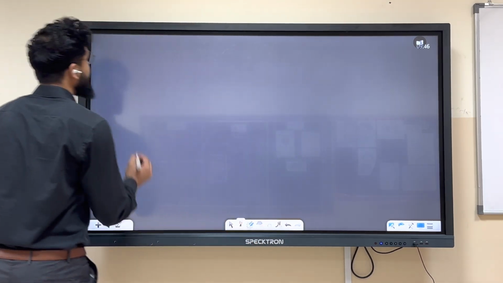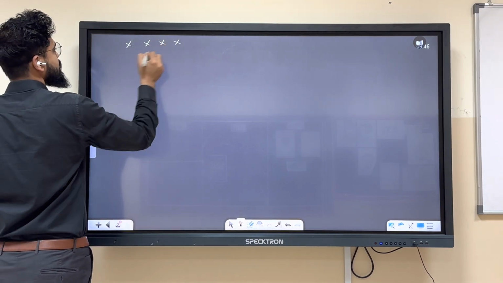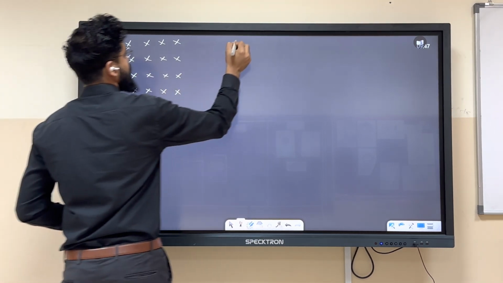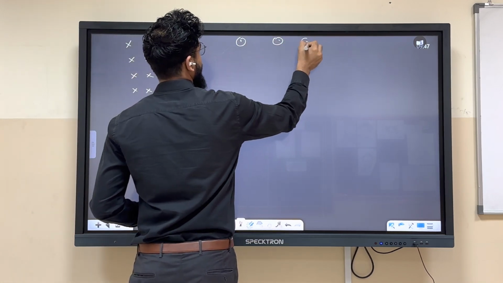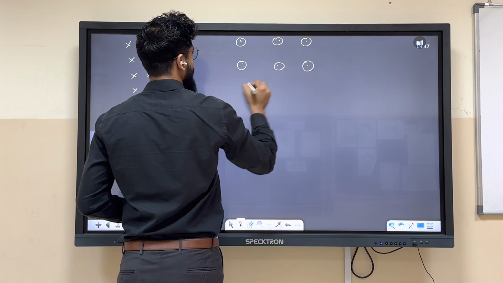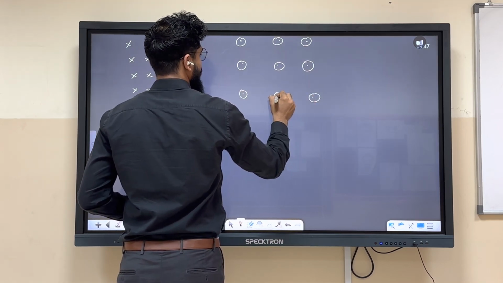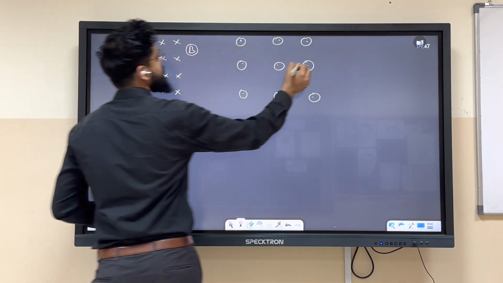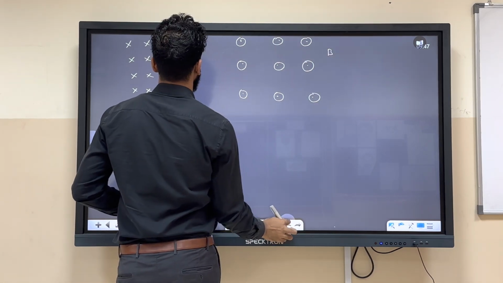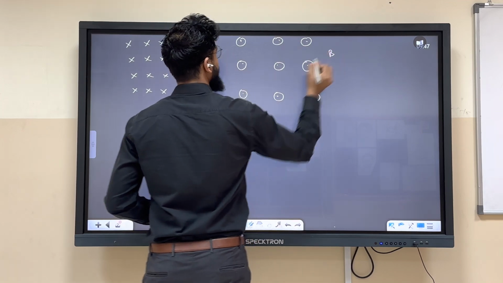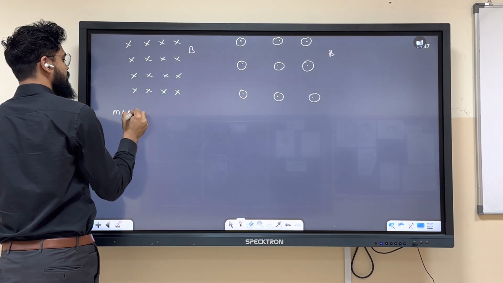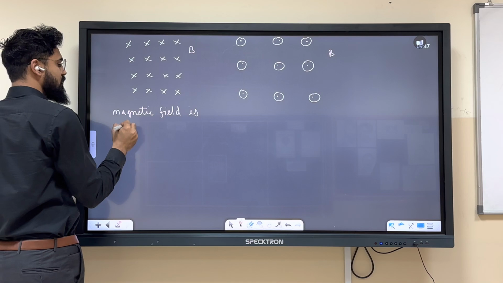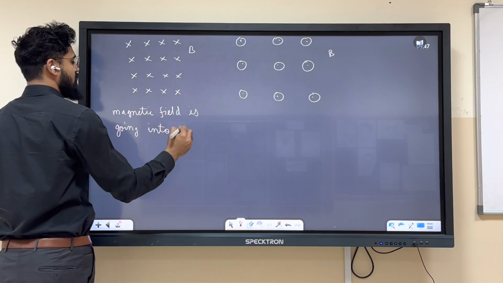So if this is the case, we say this is the magnetic field going into the plane.